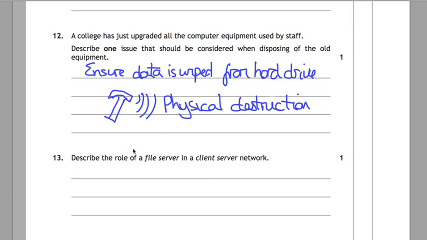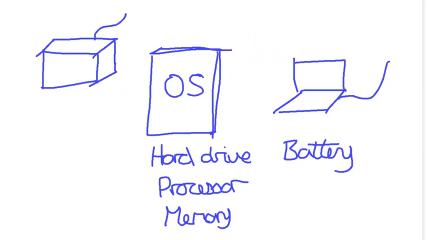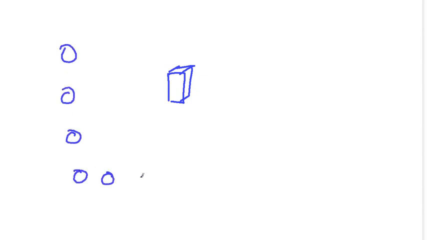Question 13 is describe the role of a file server and a client in a network. So if you think about your own classroom, right, I'll see if I can draw this better this time. You've got the server, which is through next door, and then you've got all these computers, okay? I'll just make these circles representing the computers, and these are called clients, and they're all connected.